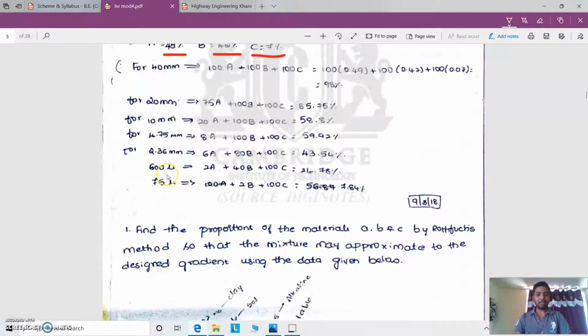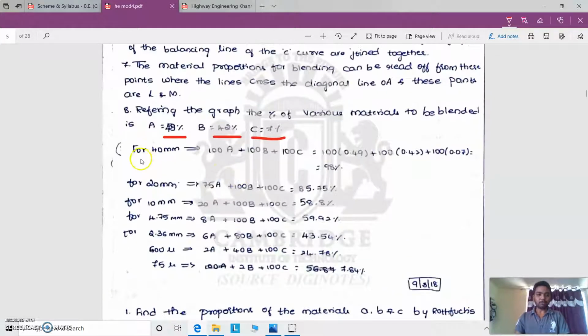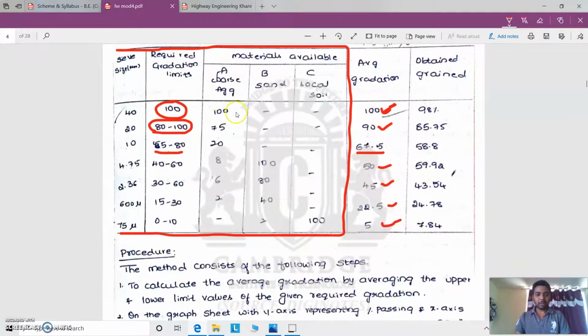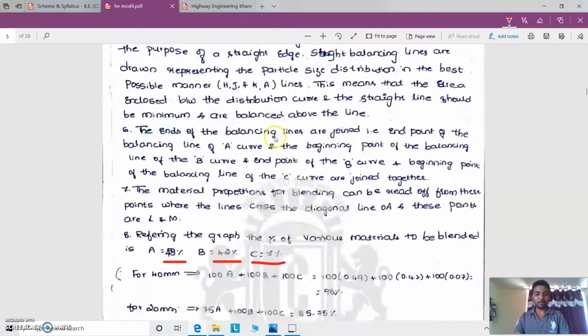For each sieve we have been given values. For 40 mm, material A is 100% and materials B and C are nil. That means we have to consider 100 itself.